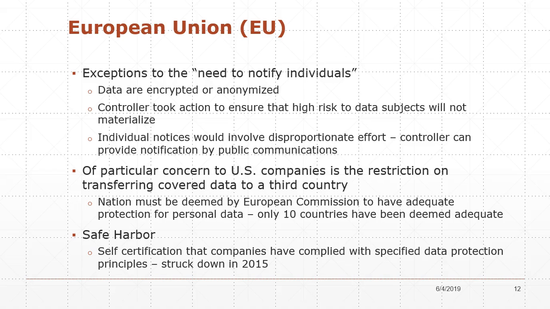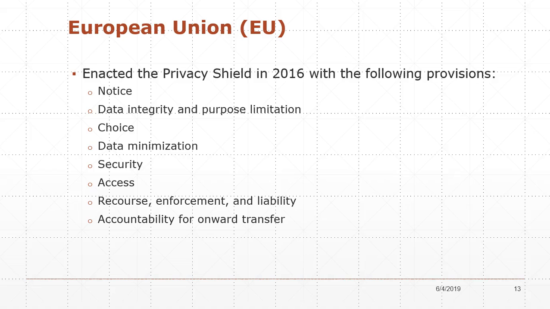Safe Harbor was a self-certification that companies have complied with specific data protection principles, but this was struck down in 2015 and replaced with the Privacy Shield in 2016 with the following provisions of notice, data integrity and purpose limitation, choice, data minimization, security, access, recourse, enforcement, liability, and accountability for onward transfer.